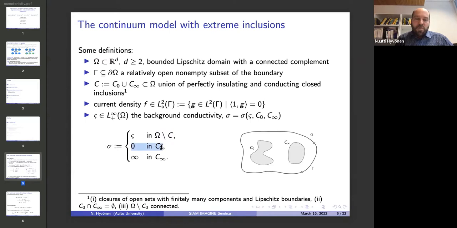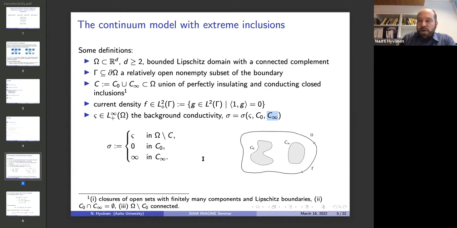Then it's zero inside the insulating inclusion and infinity inside the ideally conducting inclusion. Of course, you need to understand these in the proper sense, but intuitively, when you see this kind of notation, you should think about conductivity var sigma in the background, and then two inclusions, C naught and C infinity, that are insulating and ideally conducting respectively.